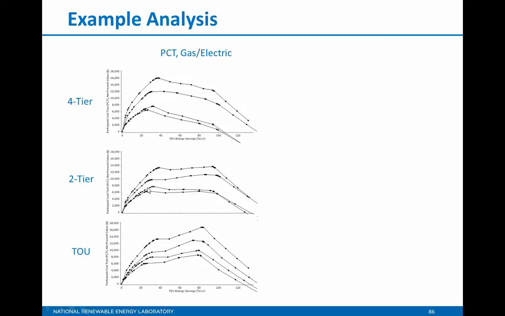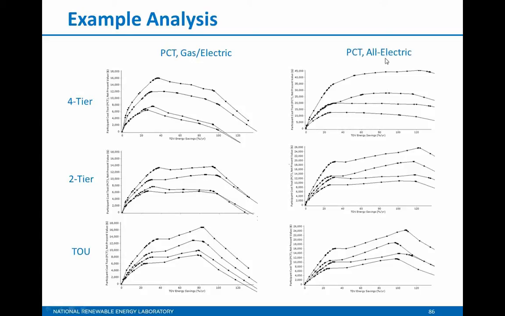We see that the shapes are similar, but things change a bit as you change location and house characteristics. If we look at all-electric houses, in this case there's electric heating, and so there's a change in scale.